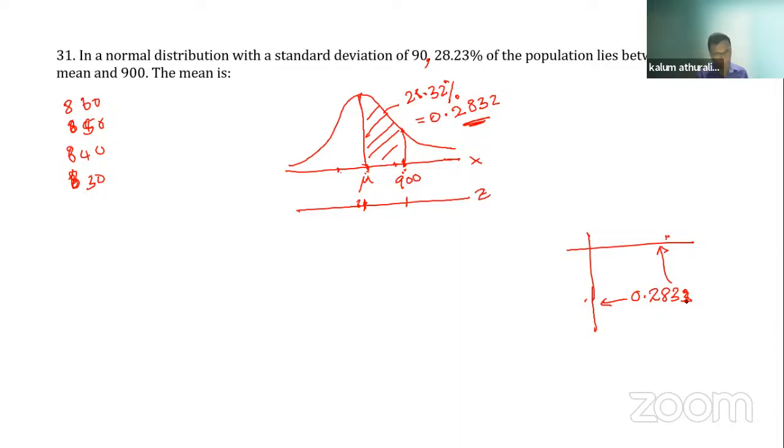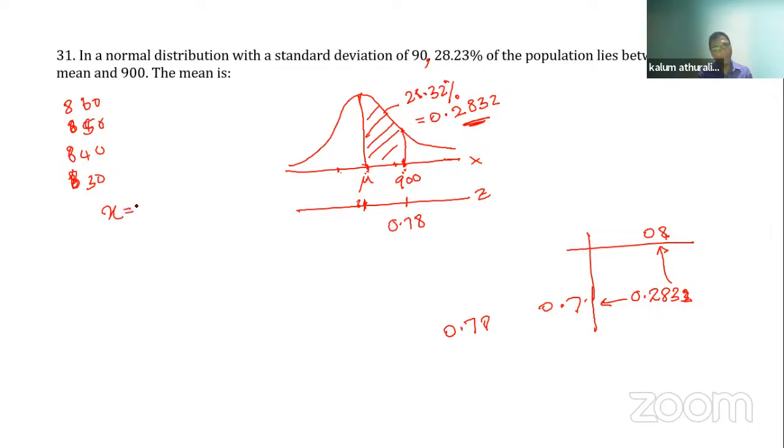What is the coordinate? 0.7 and 0.8. The value of Z is 0.78.